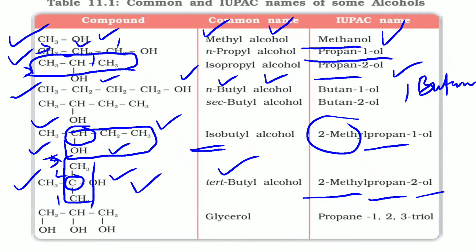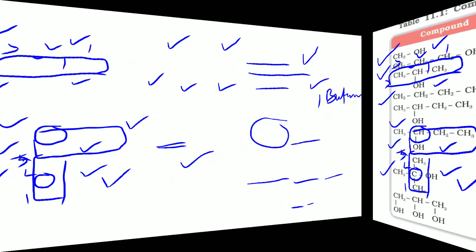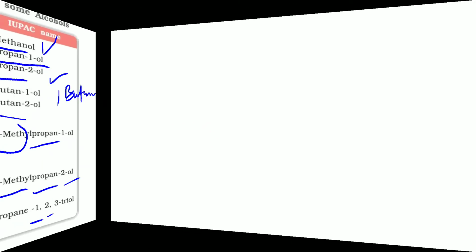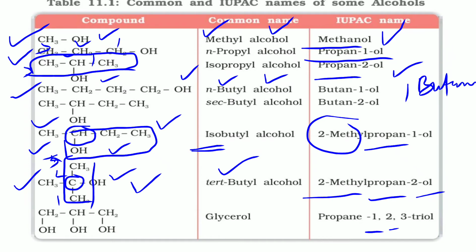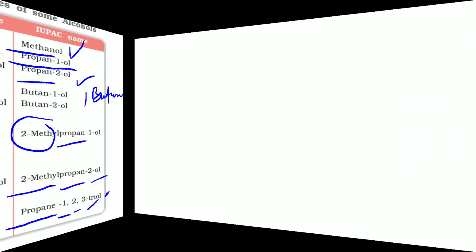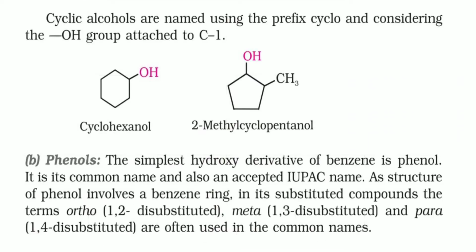So there are 3 OH groups, so triol, 1, 2, 3-triol, and the total number of carbons is 3, so propane-1,2,3-triol. Let's look into the next one.